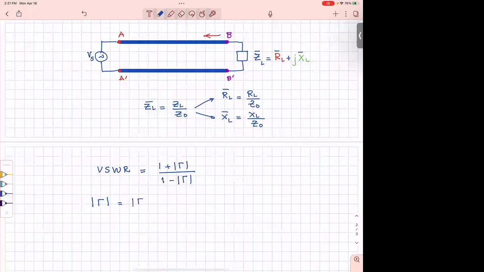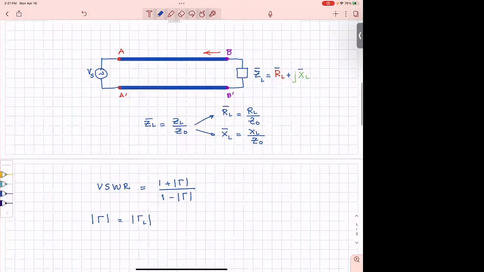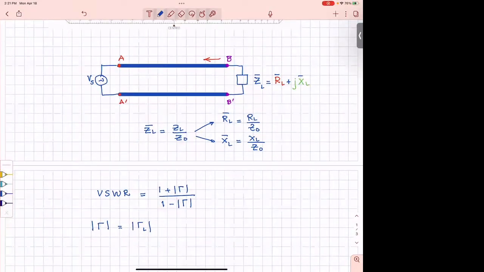The reflection coefficient has the same magnitude, which is the magnitude of the reflection coefficient at the load. And as you move along the line, if the line is just like this without anything added to it, then the only thing you do is change its phase. All right. And we have found that at any point Z on the transmission line, the reflection coefficient is gamma sub L e to the minus j 2 beta d, where d is your distance from the load.